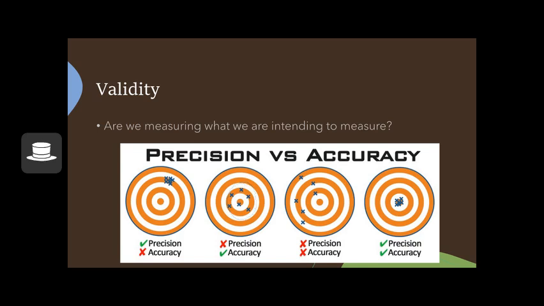The worst case scenario is to have no precision and no accuracy, and then everything is just going everywhere. What you want to have is a balance of reliability and validity, where not only are you close to the target that you're intending to hit, validity, but you're also precise, right? And you're getting that same score every time. So precision and accuracy, reliability and validity.